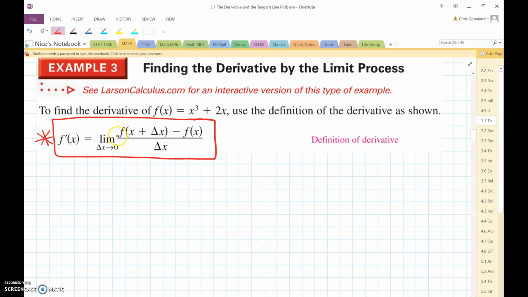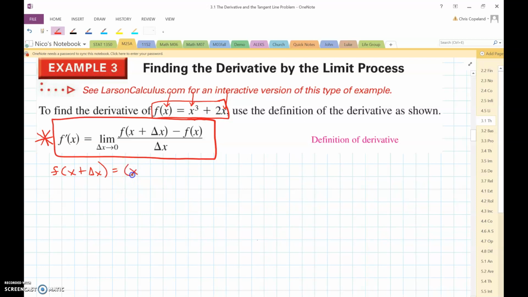So, in order to use the definition of the derivative, we need to figure out f of x plus delta x. We already know f of x. That's right here. So to find f of x plus delta x, we need to substitute everywhere there is an x with x plus delta x.